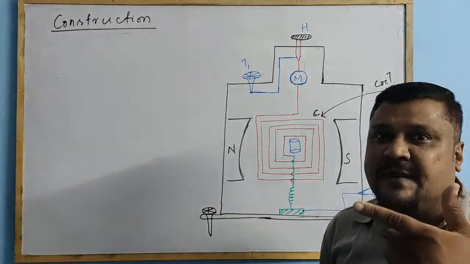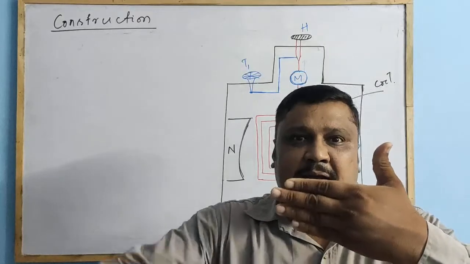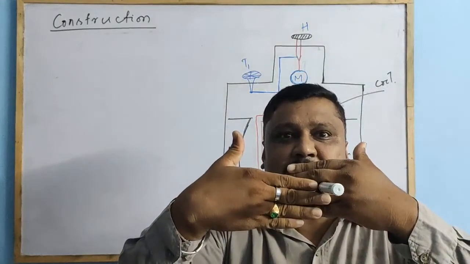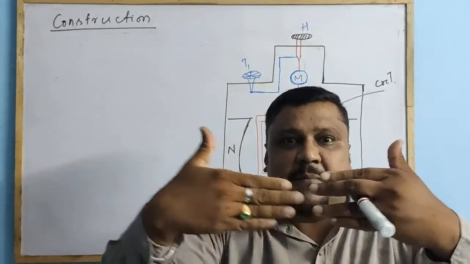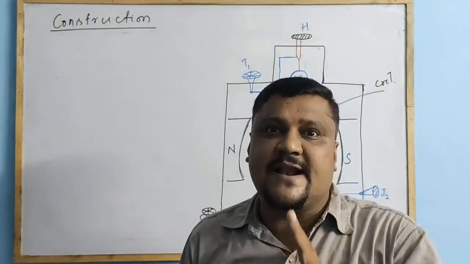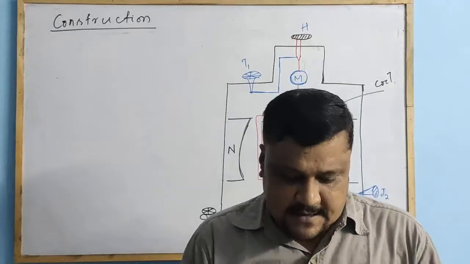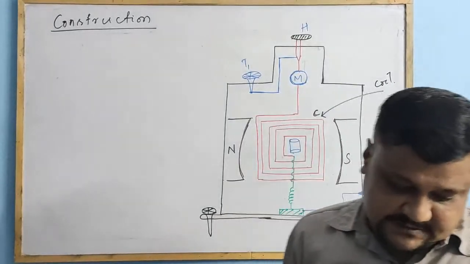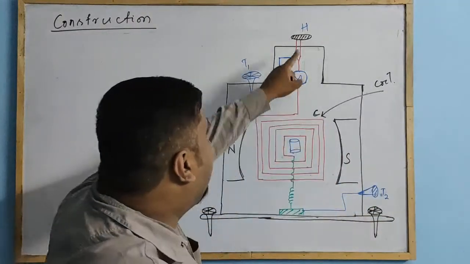A radial magnetic field means the normal to the coil and the magnetic field are mutually perpendicular, or the plane of the coil is parallel to the magnetic field. That is called a radial magnetic field. To get that radial magnetic field, the poles are cylindrical. Clear? Next part. The other thing is that the coil is suspended with a movable torsion head.